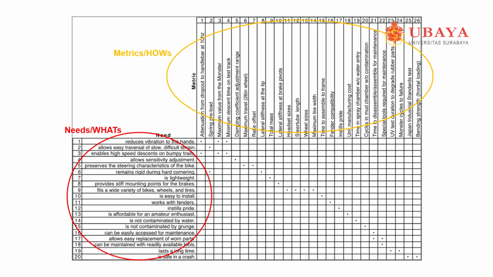So it is something related to adjectives and something that the product should fulfill for the customer. And then metrics and hows are talking about how to connect, how to fulfill. And one most important thing is don't lose any. It means don't leave any need behind. Make sure that all needs are connected to at least one metric. Okay.